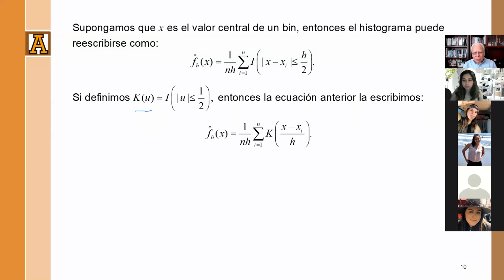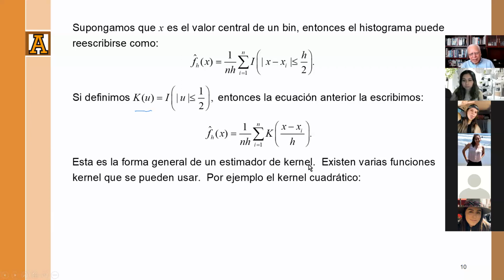So you can write down the histogram, which is an estimate of the density function, as this average of kernels. This is a kernel function evaluated at x minus x sub i, where u is the absolute value of x minus x sub i over h. And this is the general form of a kernel estimate.